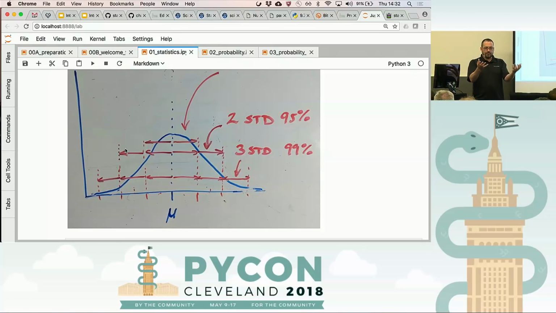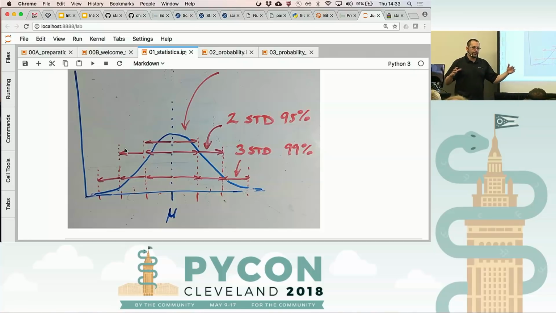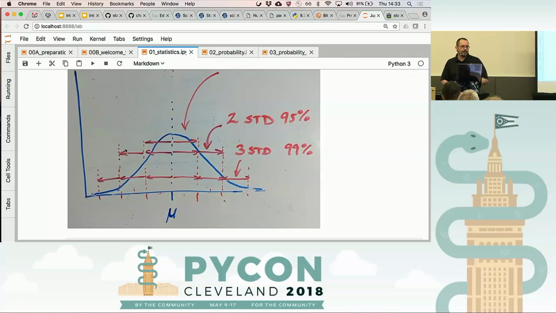Remember, I mentioned that if you're looking at 2 different data sets and a standard deviation is bigger, it means that data set spreads out more. And because this spreads out more, my standard deviation is bigger. But the same rule applies. Even though this spreads out more, if I want to get 99% of all my numbers and drop off the 1% outliers, I measure out 3 standard deviations, and boom, I've got the 99% that I care about. Okay.